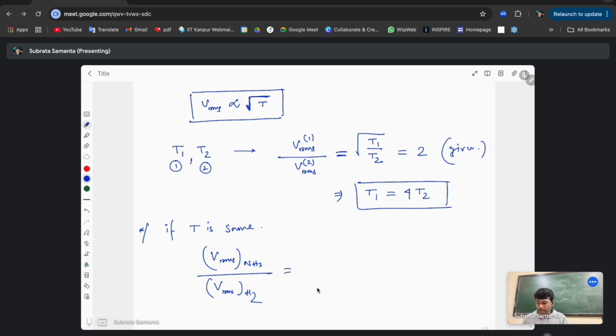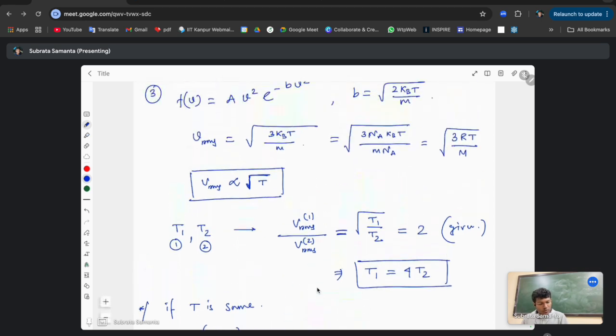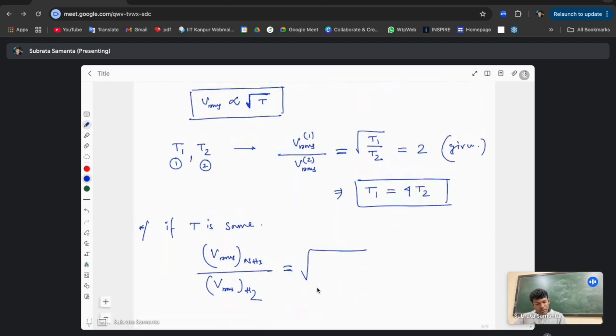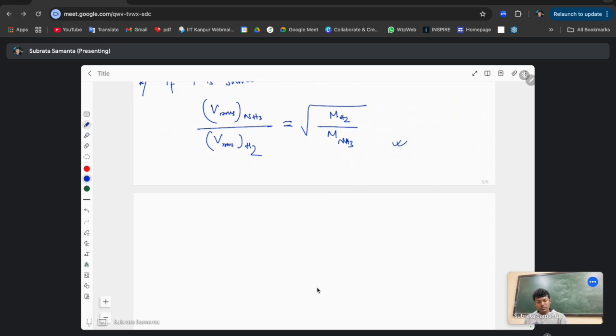So it is proportional to 1 over the square root of m, right? The universal gas constant R is the same, and if the temperature is the same, then the ratio is the square root of m of H2 divided by m of NH3. Now if this is given, it is easy to compute, straightforward.